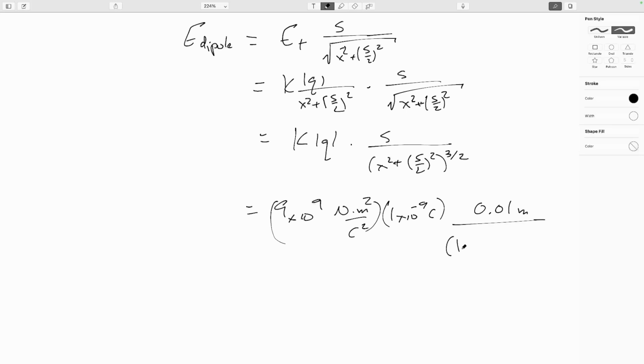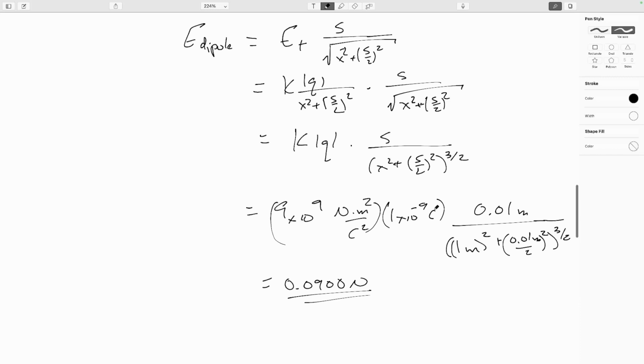This will be over (1 meter squared plus (0.01 meters over 2) squared) to the 3/2 power. Grind that out, you get 0.0900 newtons per coulomb, or basically 1% of the strength of either of the charges individually. So 99% of their influence cancels out, and you're left with just 1% of it.